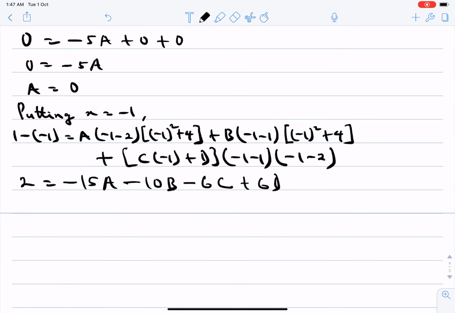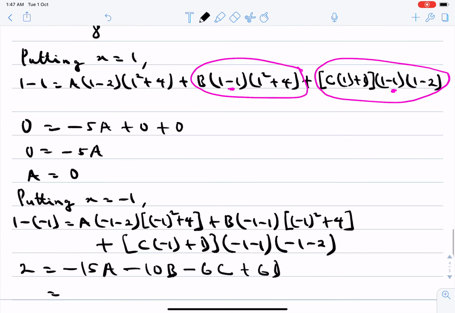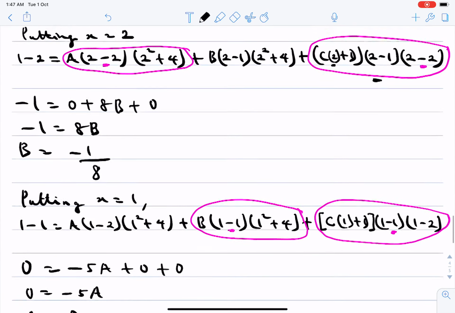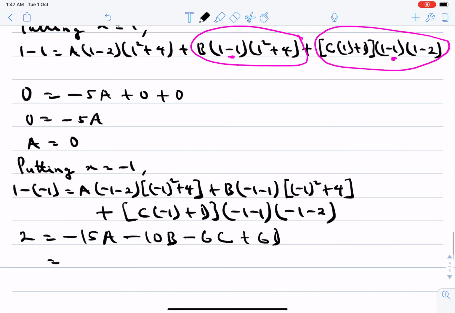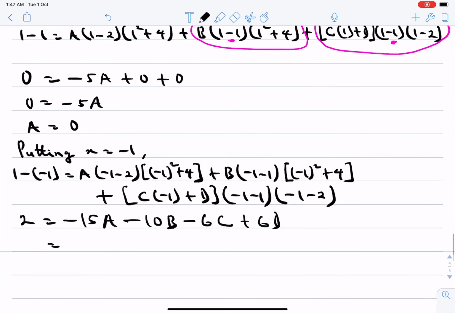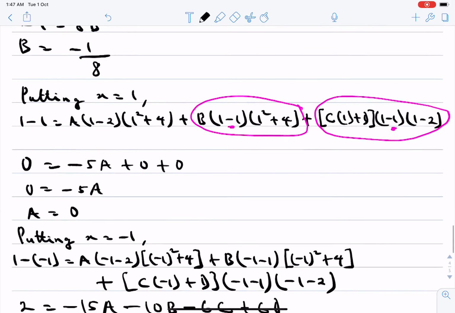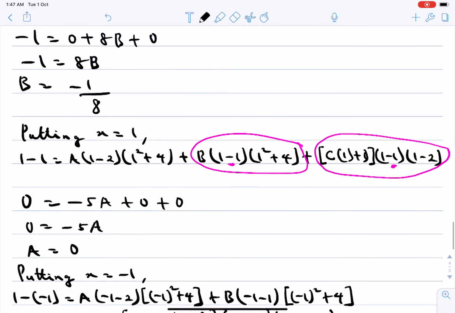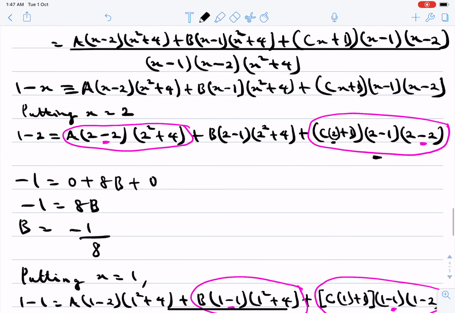So we can now put the values that we already have, substitute the values of a and b. Oh, okay. I could have put c equals 0.